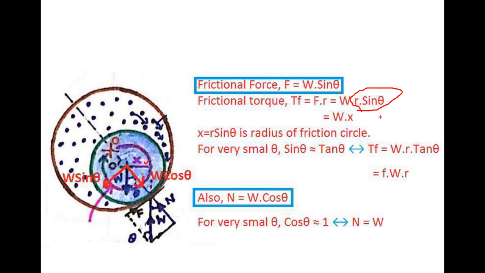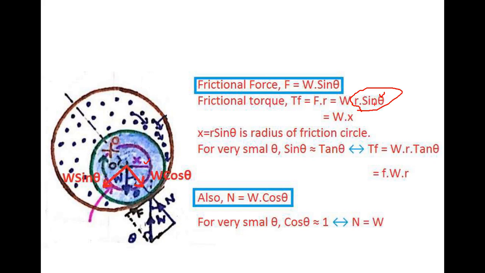Sometimes in competitive exams it is asked what is the friction circle in the case of a journal bearing. The friction circle, in the case of a journal bearing, is the circle whose radius is equal to R sin theta, where R is the radius of the journal and theta is the angle by which the journal rolls over the bearing.